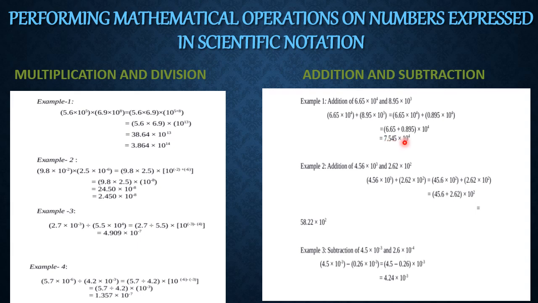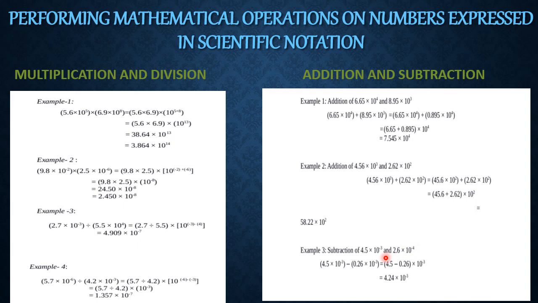Kindly go through this example in your free time. Now I will go to example number 3. Subtraction of 4.5 into 10 to the power minus 3 and 2.6 into 10 to the power minus 4. In equation form, this is minus 3, and this I have made minus 3.